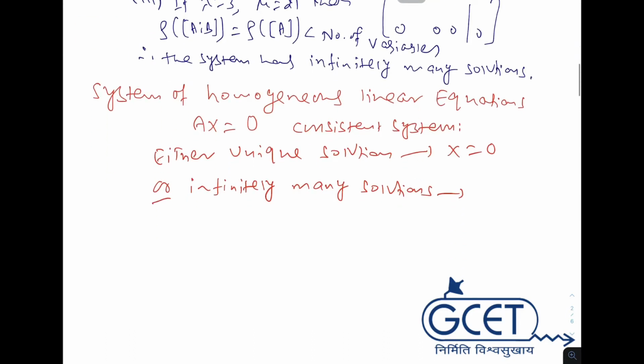Okay, so now let us take one example. Solve x minus y plus z equal to 0, x plus 2y plus z equal to 0, 2x plus y plus 3z equal to 0.